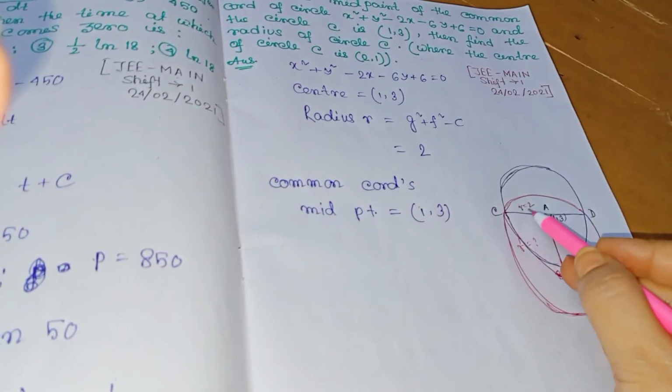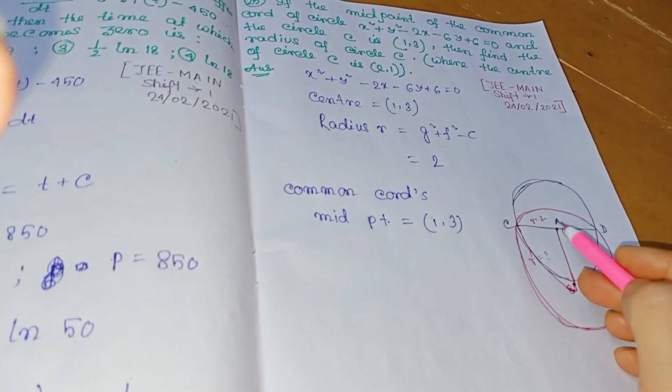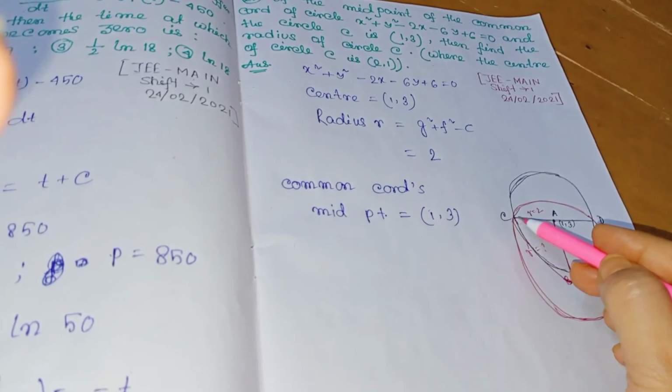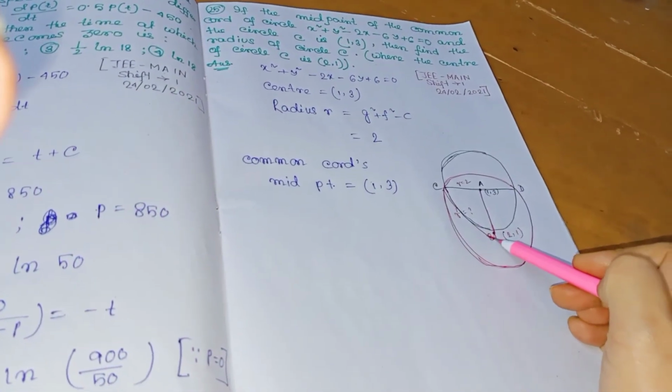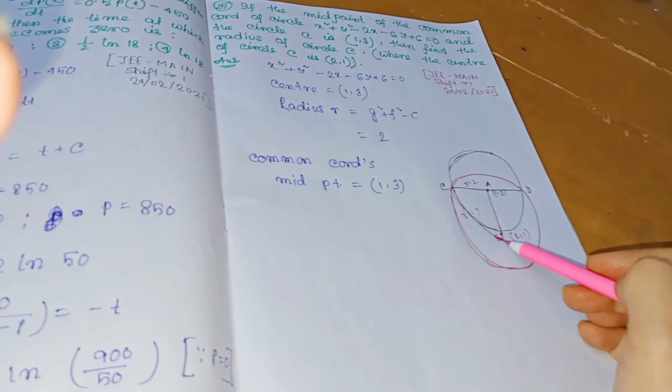So now what is r, the radius of the circle C? We should calculate this radius.